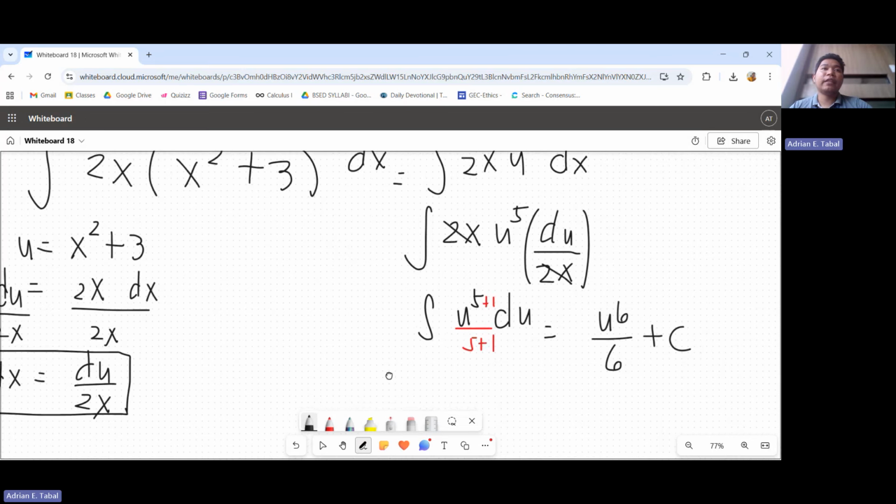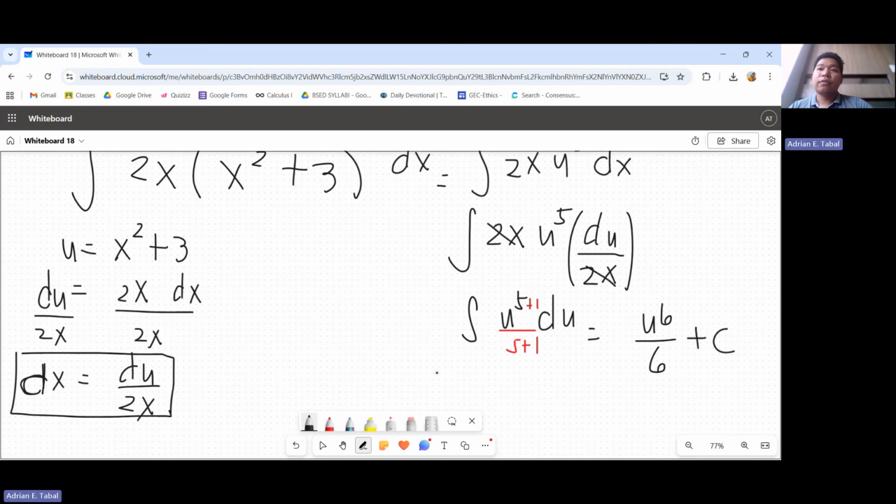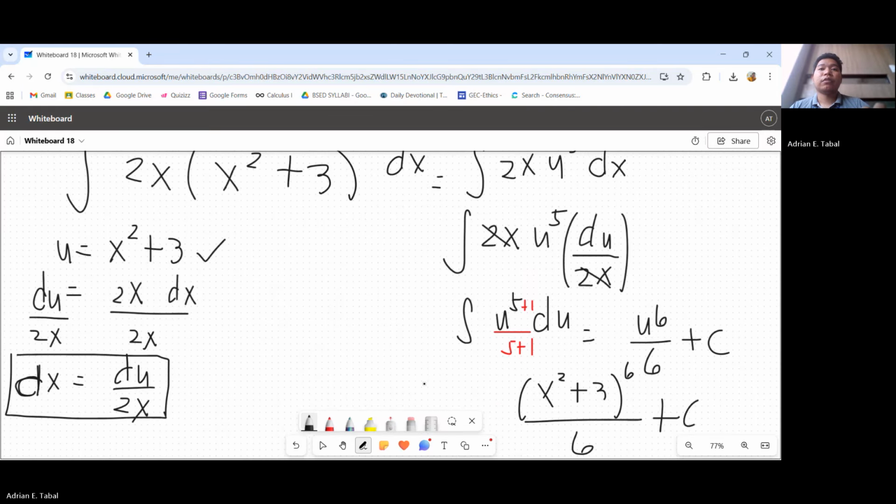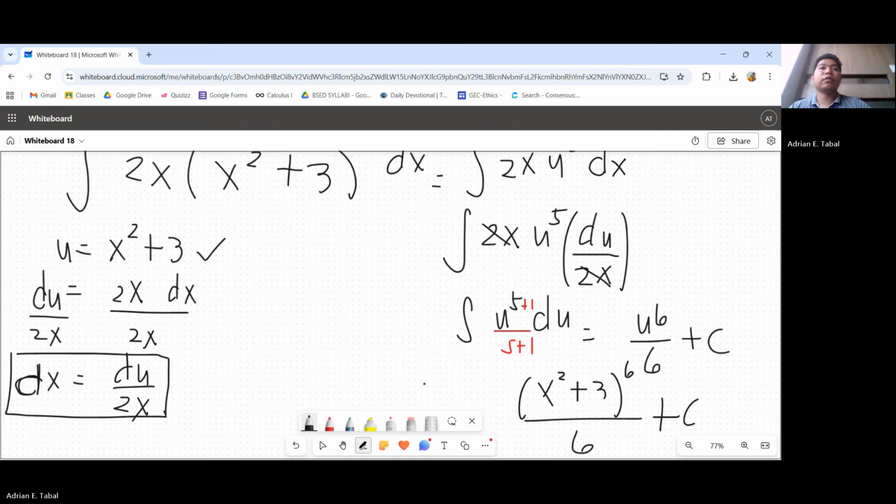So is this the final answer? Not yet. We have the value of our u, which is x squared plus 3. We substitute x squared plus 3, so we have x squared plus 3 raised to 6 divided by 6 plus c. And this is how we use U-substitution to find the integral of a function.